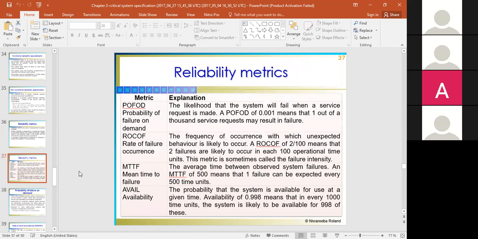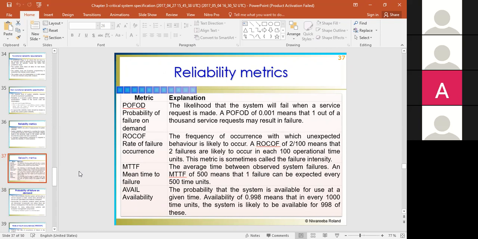Just below here. The probability of failure on demand is the likelihood that the system will fail when a service request is made. For example, a POFOD of 0.01 means 1 out of 1,000 service requests may result in failure. That one is direct. Then the rate of occurrence of failure is the frequency with which unexpected behavior is likely to occur.